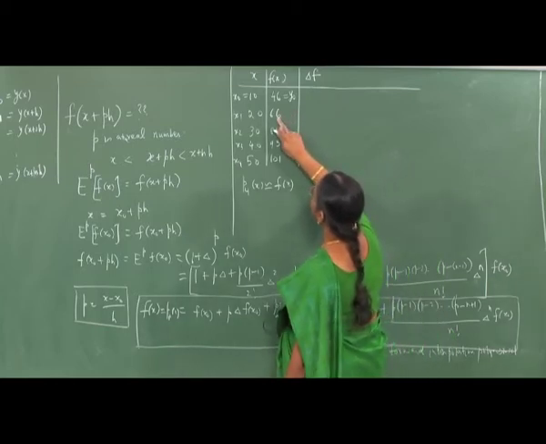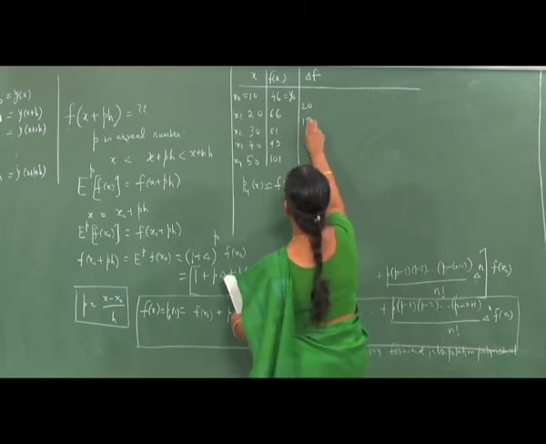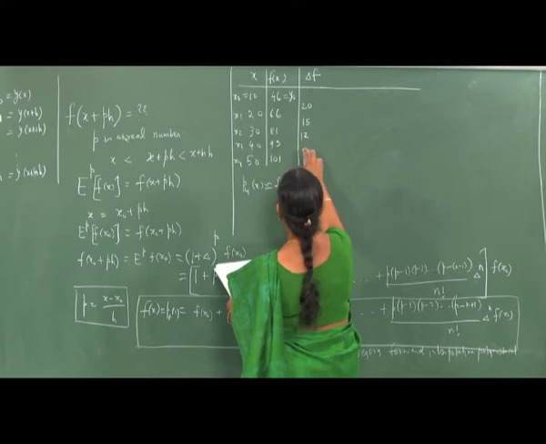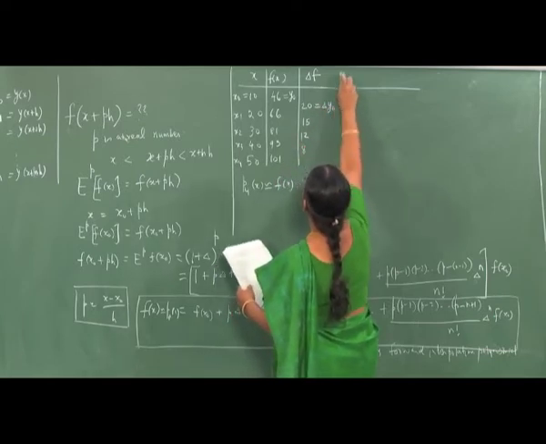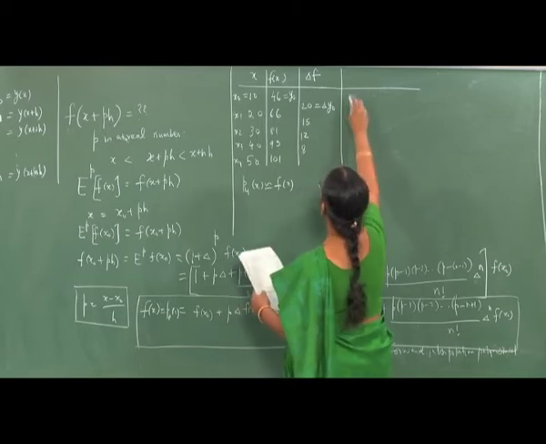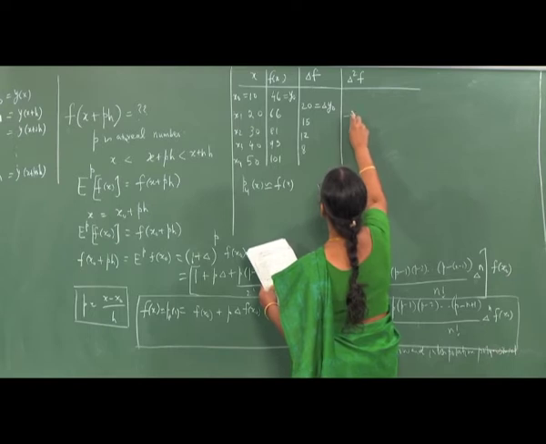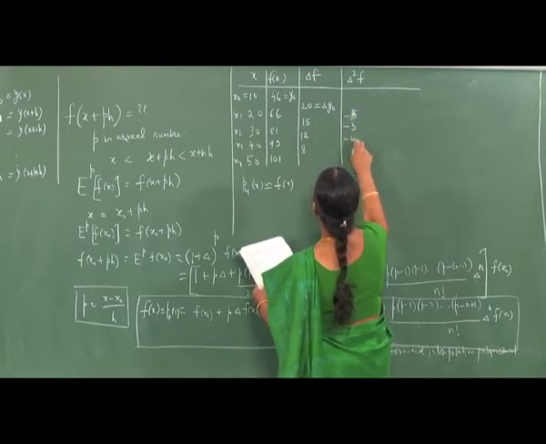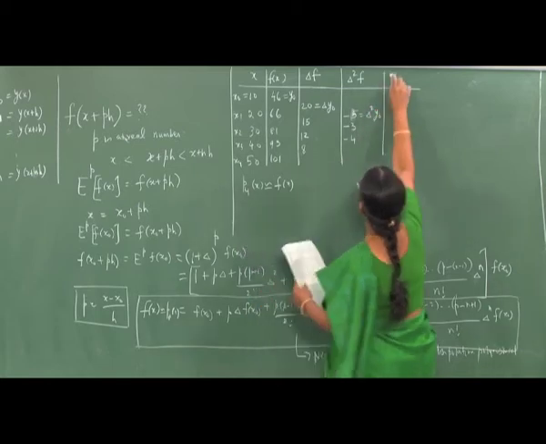It is going to be 66 minus 46, 81 minus 66, 93 minus 81, 101 minus 93, and we denote this by delta y naught. We form the second order differences: 15 minus 20, 12 minus 15, 8 minus 12. So, this is our second order difference.